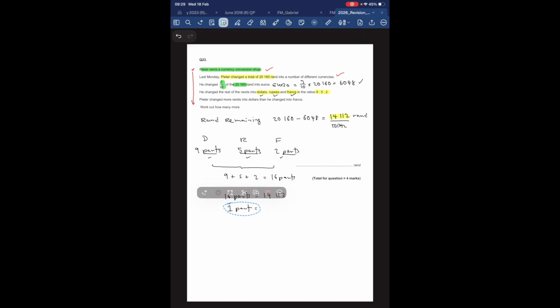So 14,112 divided by 16. If I do that, I will get 882 Rand.